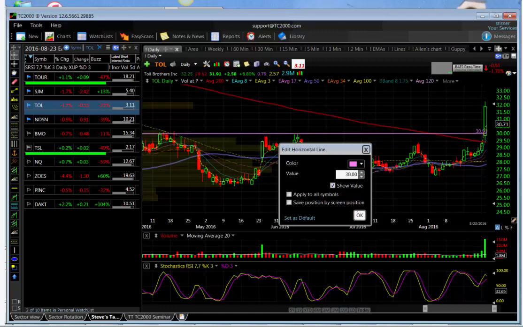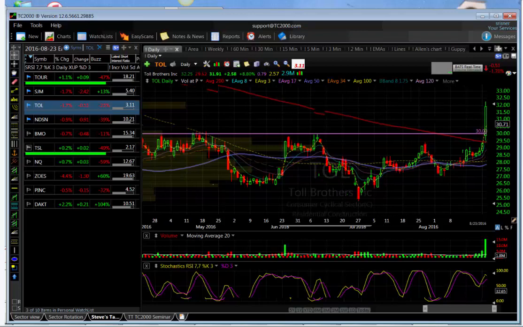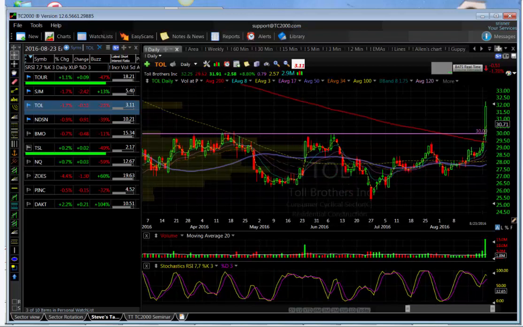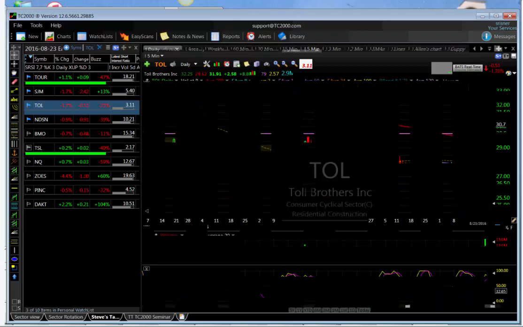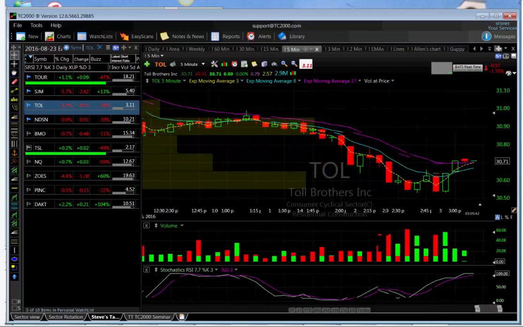And I do everything in round numbers. That right there looks like resistance. If we can get up over that 30, we're probably going to run, even though we don't have high short interest. So looking from the daily, you know what's going on out there. We're above the 200, and it's the reaction to the news. 5 minutes.